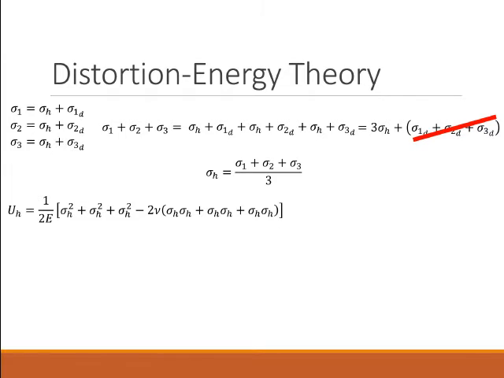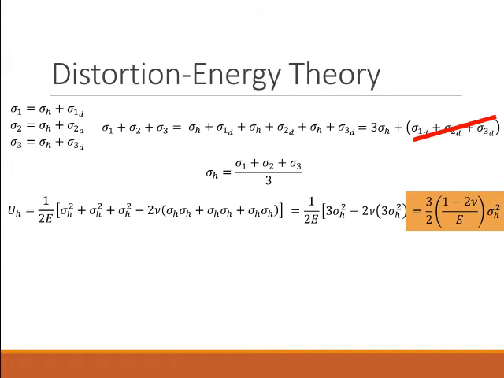From here, the next step is to plug this hydrostatic stress into our original energy equation, and now we have the energy for hydrostatic energy. And this combines and simplifies, and now we have this nice formula for what the hydrostatic energy is.